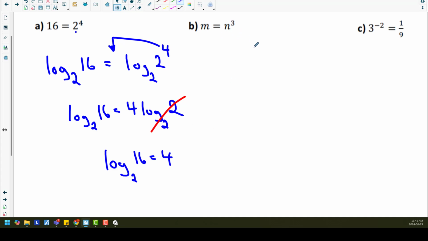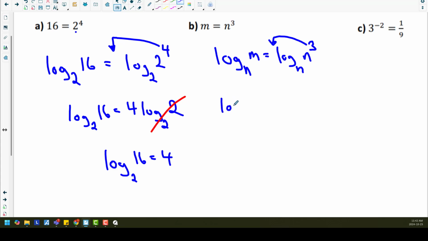Example B, same thing, take the log of both sides. Now what's my base value here? Well, what has the exponent? n has the exponent. So I'm going to take log base n to both sides. And remember, the exponent just comes in front.